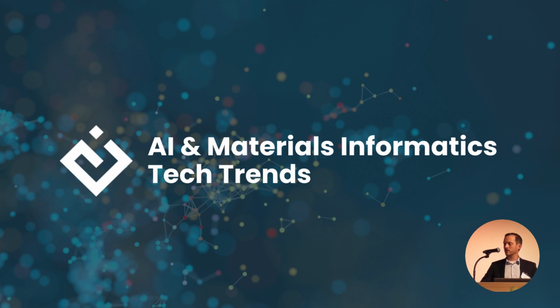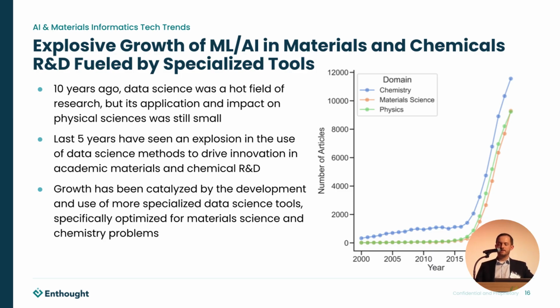In the academic world, while data science has been a hot topic for 10 to 15 years now, its application to materials and chemical R&D problems has really only emerged over the last 5 years at a large scale. So I've plotted here the number of publications that use AI machine learning to develop new insights into materials and chemistry as a function of time.